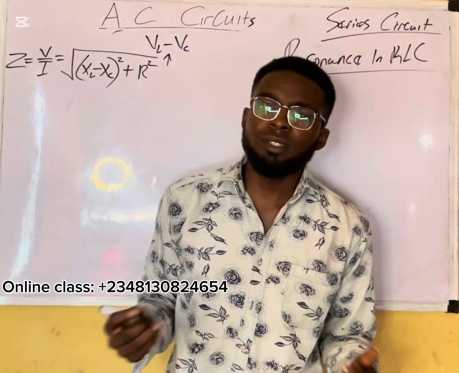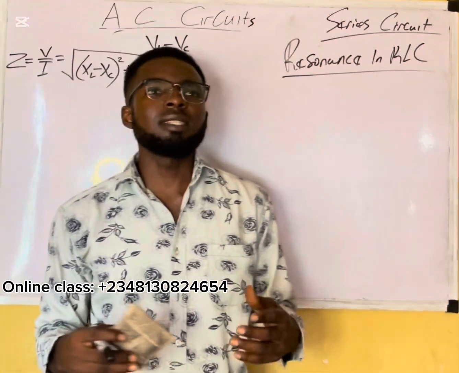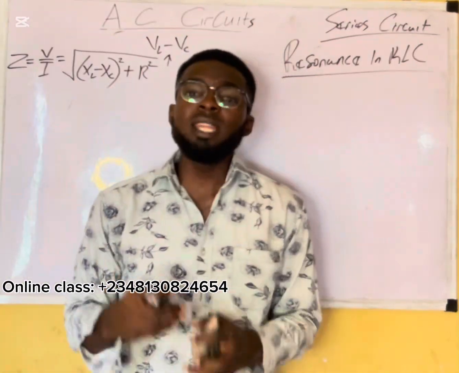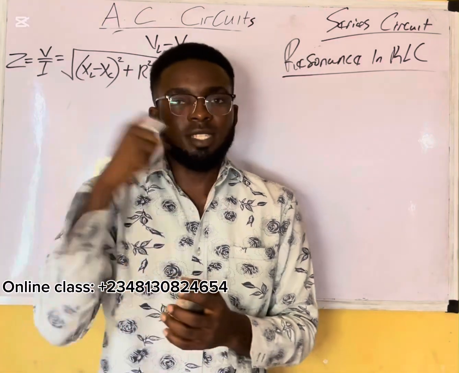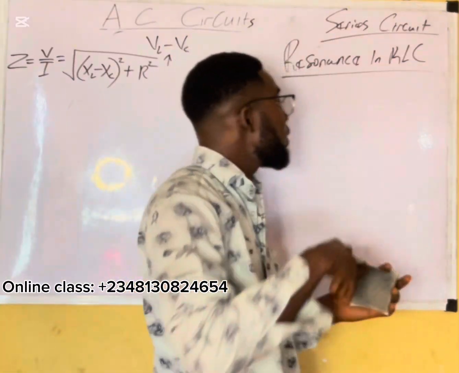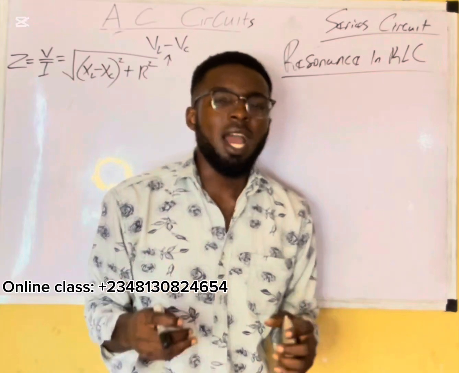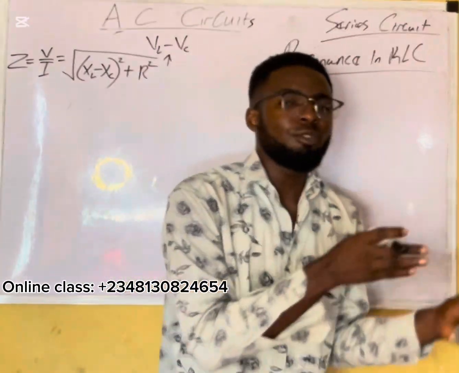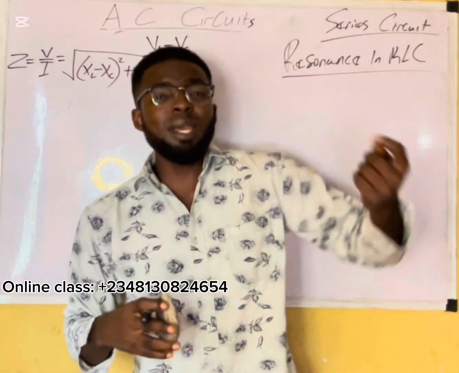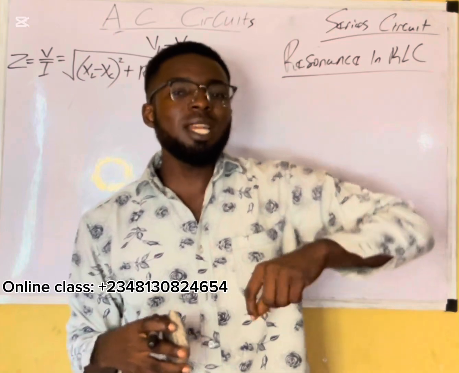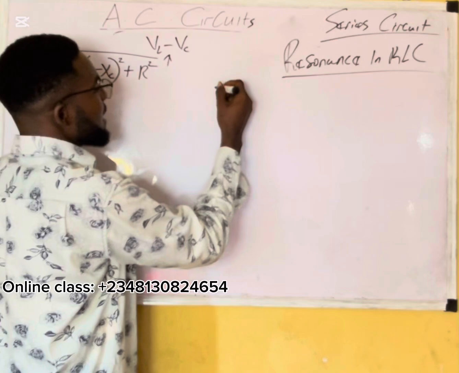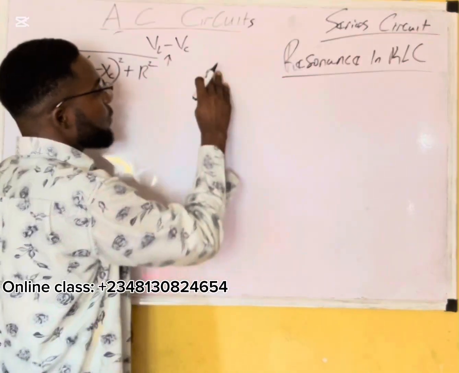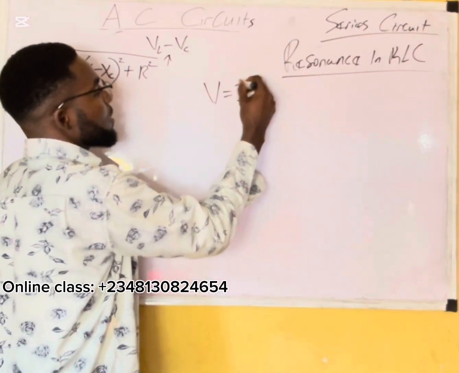Now, when we discuss resonance, this thing occurs when the maximum current is obtained from the circuit. And for that maximum current to be obtained from the circuit, it means that the impedance must be minimal. In the sense that, we know from Ohm's law, V is equal to IR.